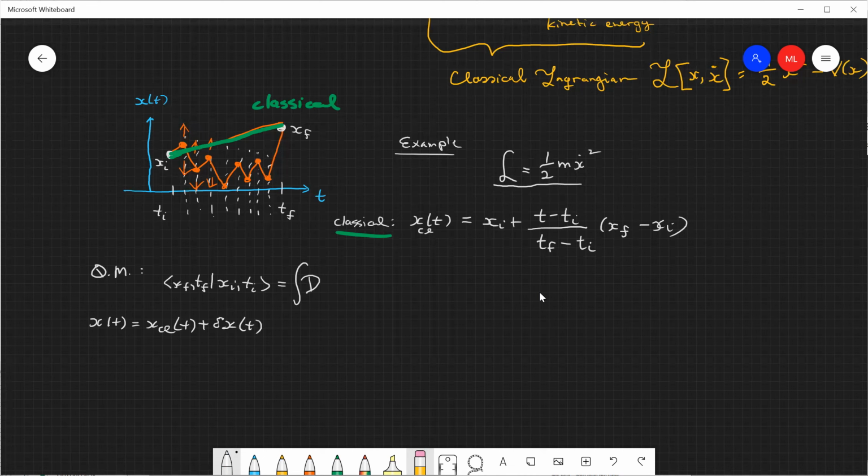It's just a variable change, because we're going to integrate over all possible functions anyway. So what does it matter if we just shift all our functions by the classical path? It's like adding a linear function to all your paths. It doesn't matter since we're integrating over all possible paths anyway. So instead of integrating over all paths, we can integrate over all delta x's instead.